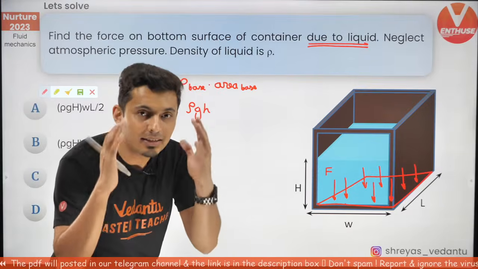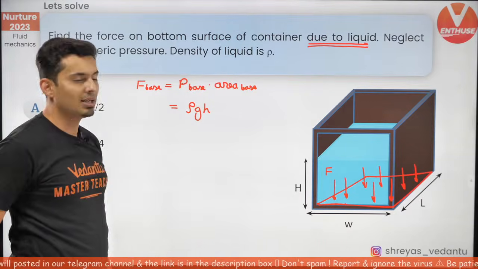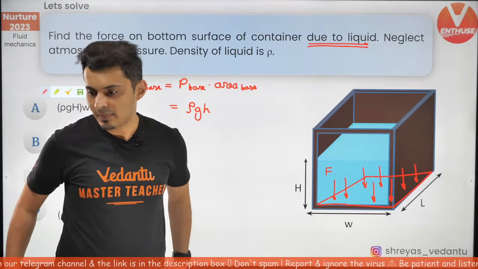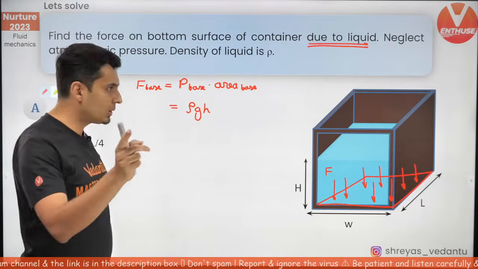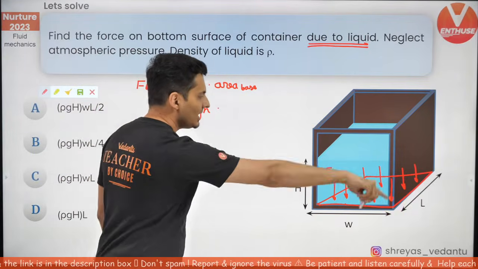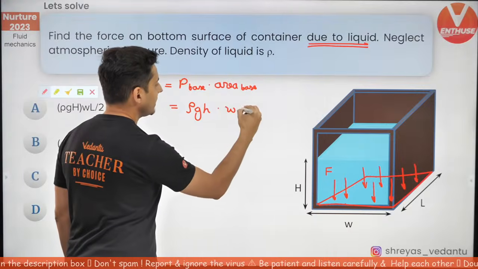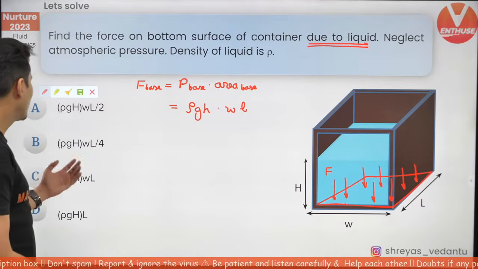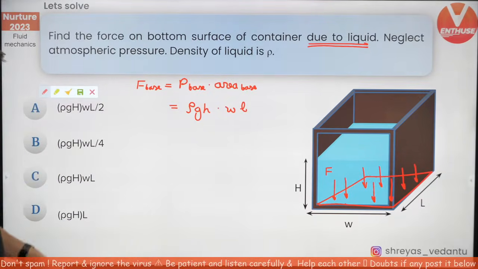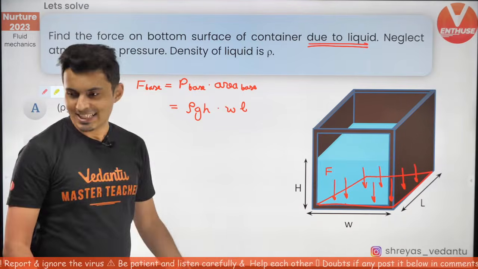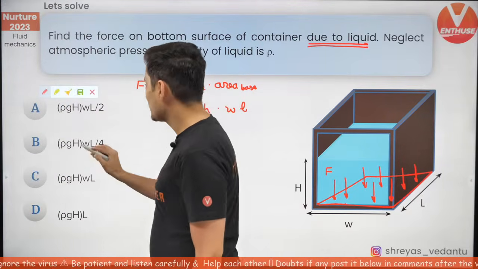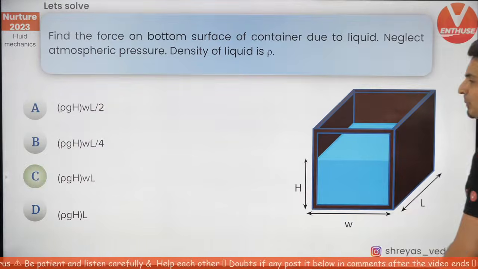So because of the liquid, it is just rho GH. Got it, my warriors? Perfecto. Into area. What is the area of the base? W into L. That's it. Rho GH W L. Do we have it? Yes, we have it in option C. Perfect, Arjun. Done.